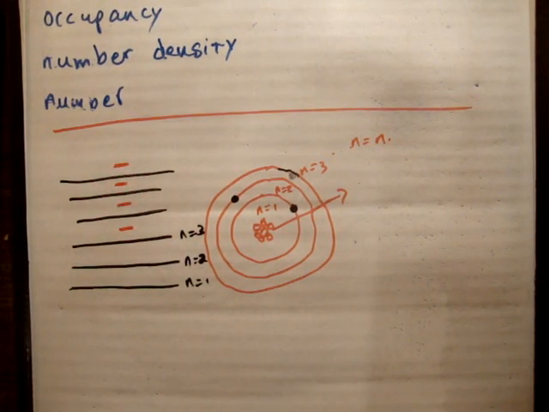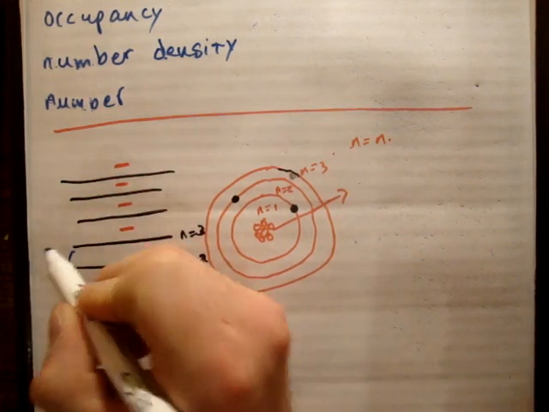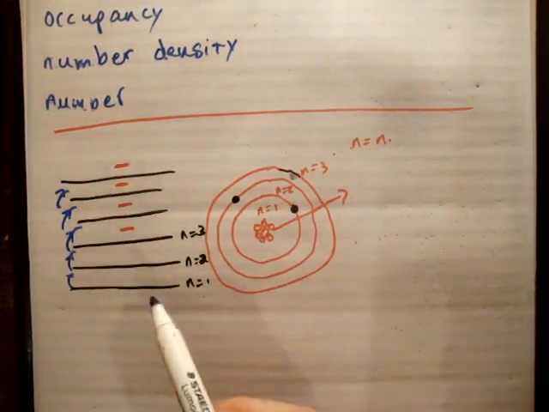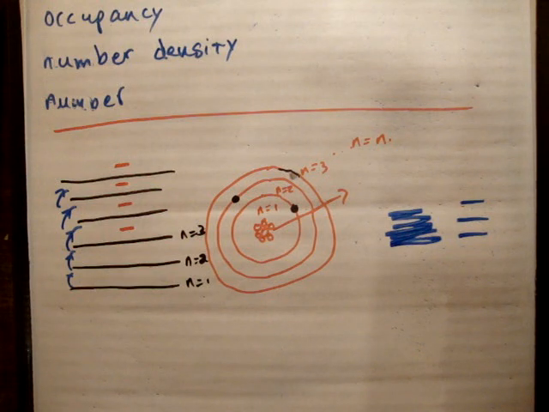The states are quantized, so it's not a continuum, there are gaps between them. Like I said, it's quite similar to a football stadium. And if you had all of your states occupied, you would have full occupancy, and you would have no available states.